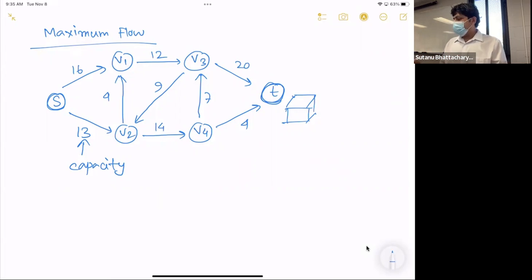There are many pipelines, like this pipeline can carry 20 gallons of water at a time. This one is 4 gallons of water. So the goal is you need to flow as much liquid as possible from the source to the sink node, or to your apartment.